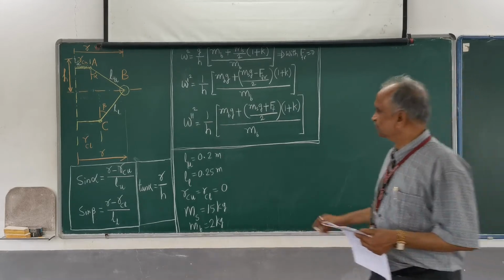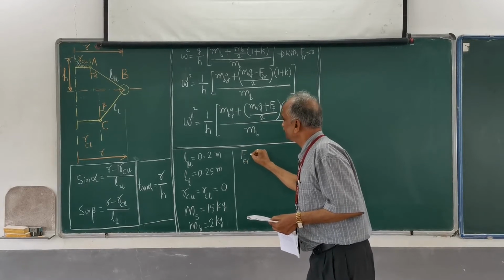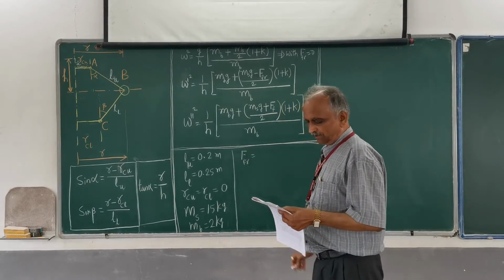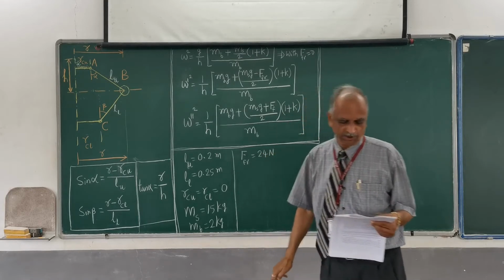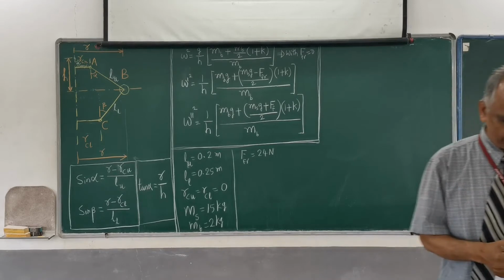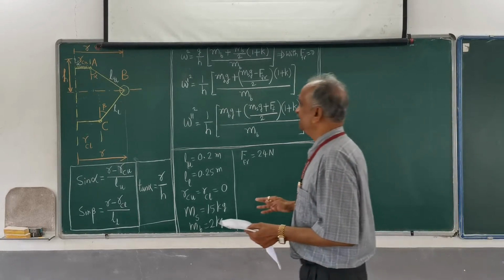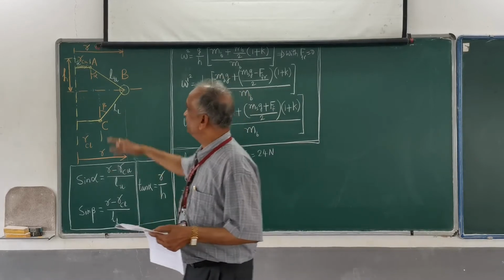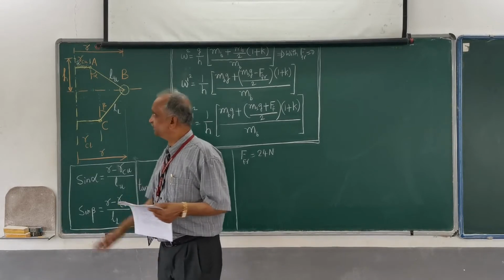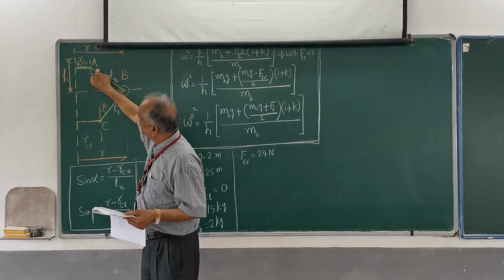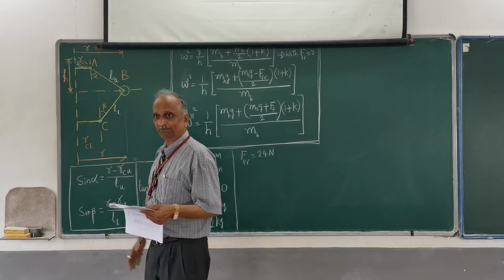And the friction force, FFR, is equivalent to 24 Newton. This is 24 Newton at the sleeve. The limiting inclination, please remember, what do we mean by limiting inclination? This alpha value cannot go less than 30 degrees. What is the meaning of that? If alpha is 30 degrees, the sleeve is at its bottommost position.